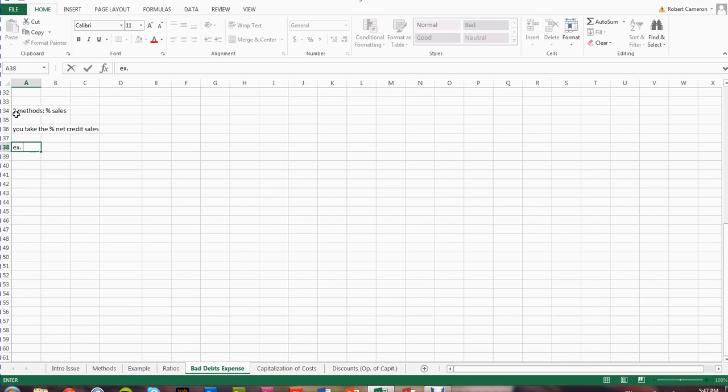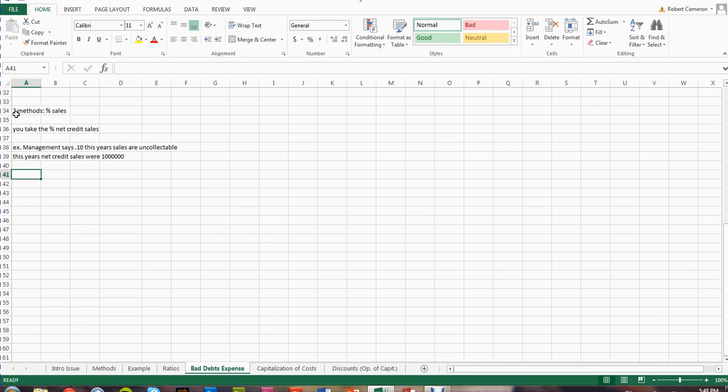So an example would be management says 10% of this year's sales are uncollectible. This year's net credit sales were $1 million. Again, net credit sales, not total sales, just the sales we didn't receive cash for.